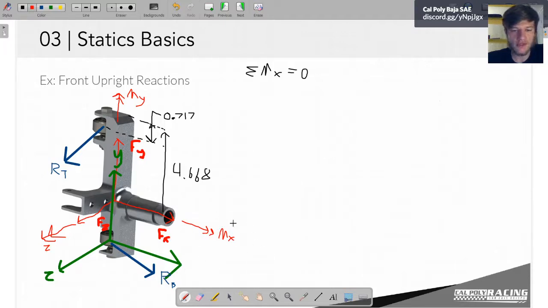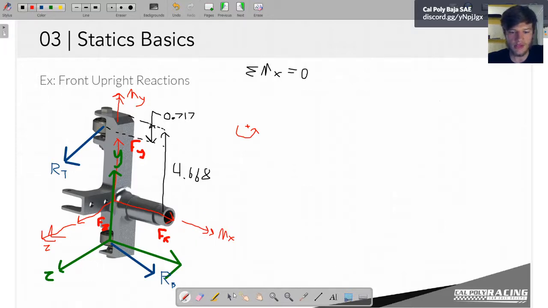Pure moments, in 2 dimensions, we drew it kind of as an arrow like that, centered around somewhere. Remember, these are vectors, so a moment is describing a pure rotation in a plane. So we can move it wherever we want.